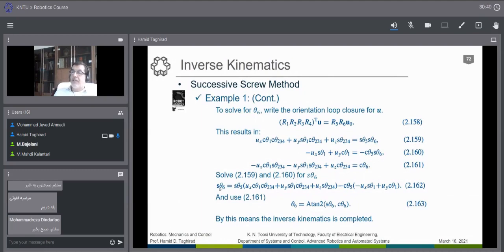As you see here, we have the sine of theta 6, we have the cosine of theta 6. We can use atan2 to find a unique solution for theta 6. And by this means, you will see that all the 5 theta variables are found, but quite heavily and challenging.